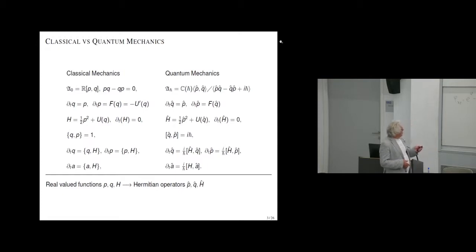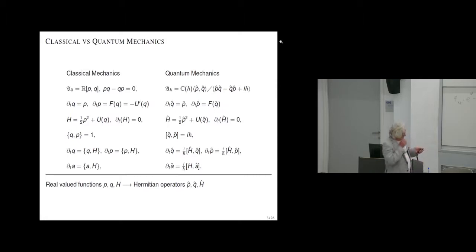In quantum mechanics, we are dealing with non-commutative objects. So basically, we can consider, for instance, a free algebra with variables P and Q, and with the ideal generated by this commutation relation. Everything is organized with this commutation relation.